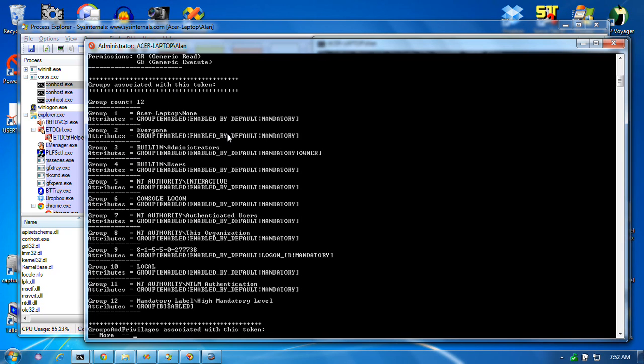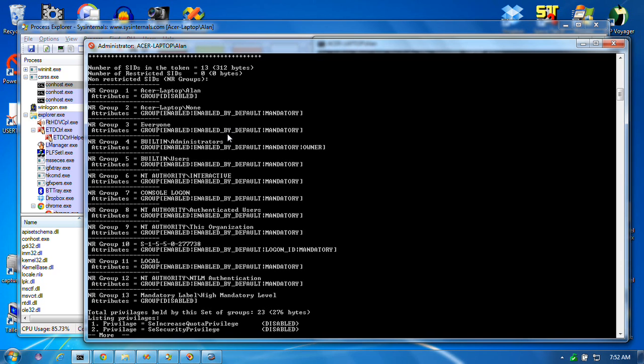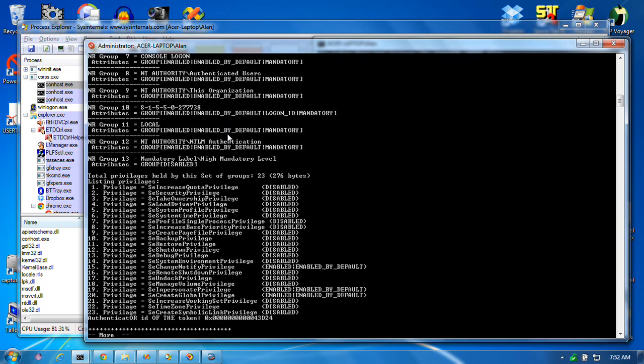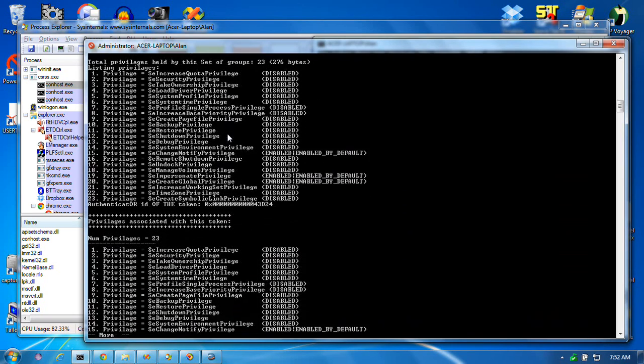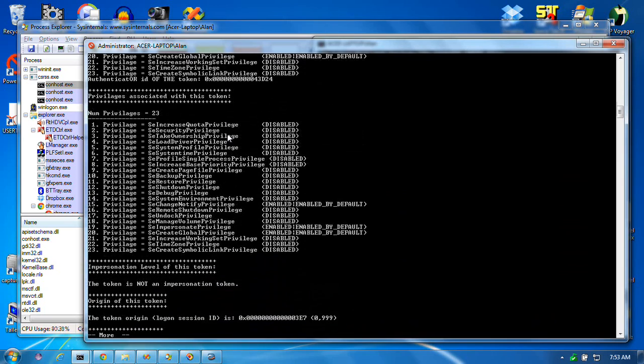So this Alan abstraction is a system administrator for this abstract network. And look at all the privileges this one's got. 23, in fact.